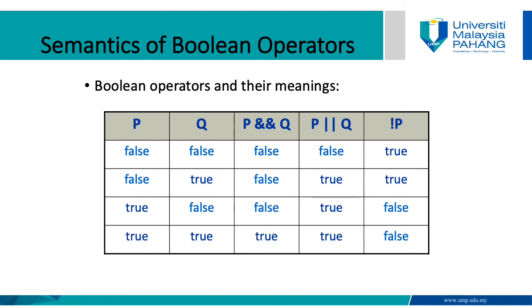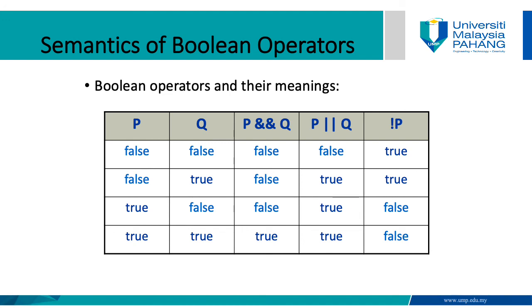Let's look at the second row. The P value in the second row is false. The Q value in the second row is true. So P and Q will be false, because if you compare true and false, it will be false.